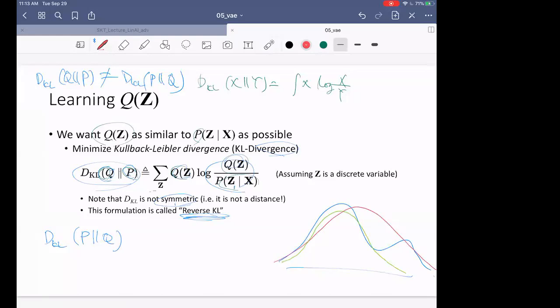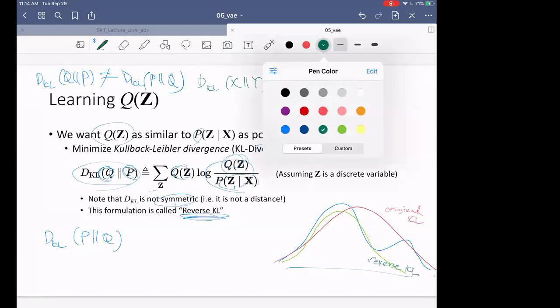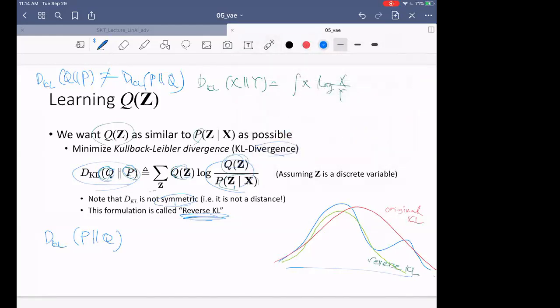So there's a difference between the two. You can imagine why sometimes you want to use one choice over the other. This is the original KL, and the green one is the reverse KL. You could imagine the behavior of your Q in both cases.